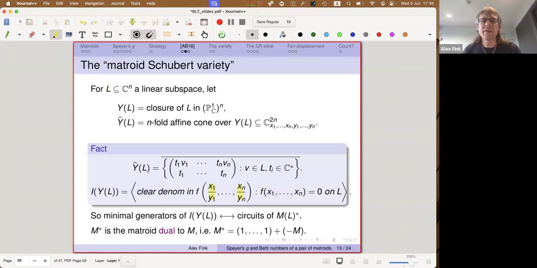That gets me a polynomial that vanishes on y of L. But when I clear denominators, which y's I have to introduce is determined by the support of f. And so the Z^n degree of the polynomial that comes out encodes the support of f, and the minimal generators of this ideal come in that way from circuits. So the ideal of y hat of L knows the circuits of M. The circuits of M are the Z^n degrees of its minimal generators.